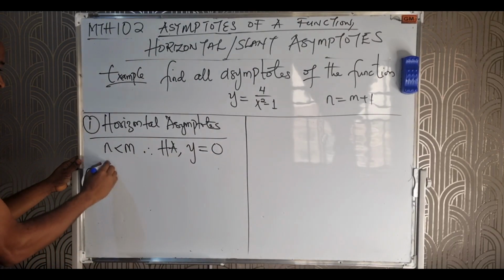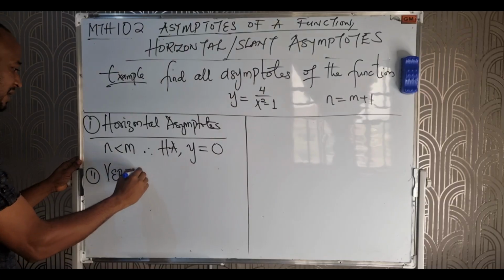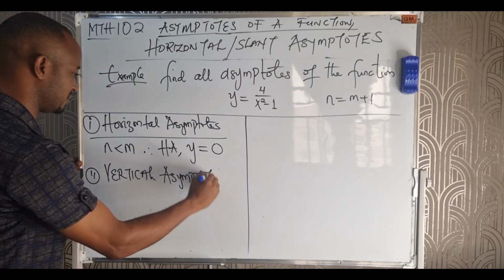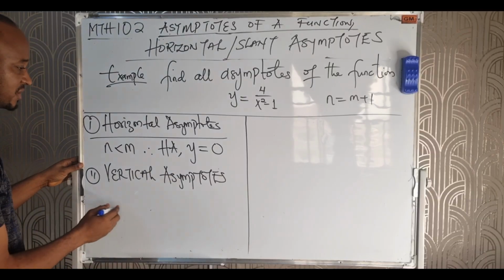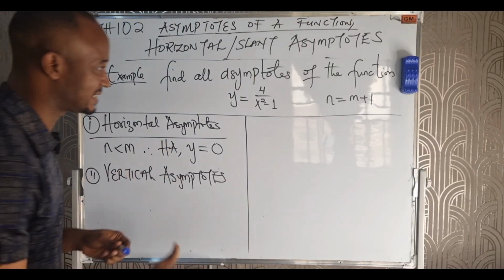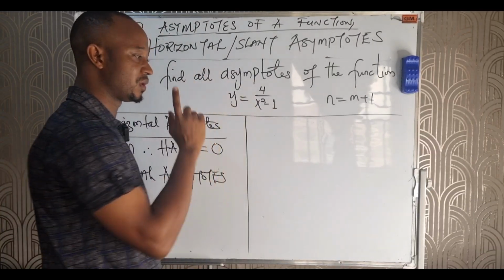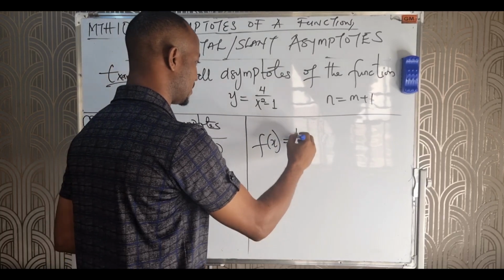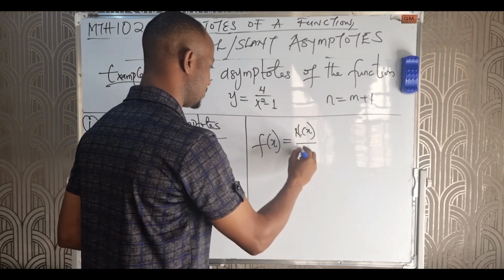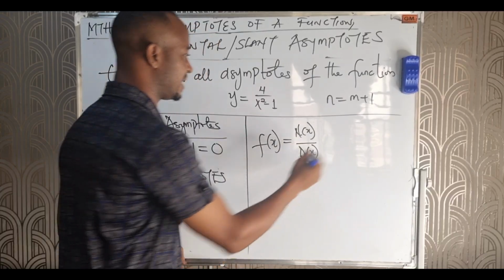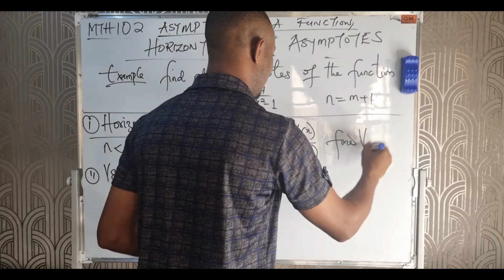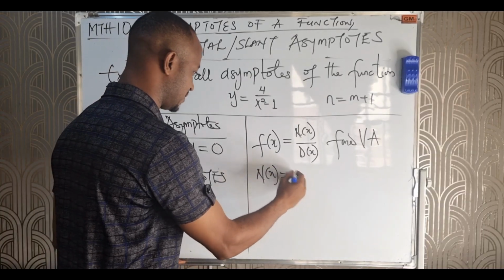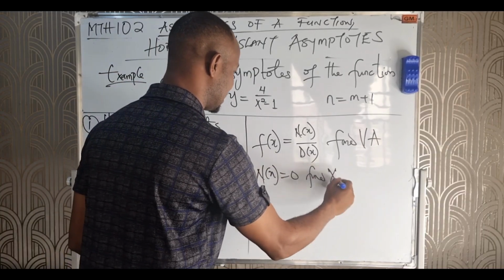Number 2, let's look at vertical asymptotes. In my first class, if you have not watched the video on vertical asymptotes, please go and watch it. For vertical asymptotes, we set our denominator equal to 0. If we are given a function f of x equals n of x over d of x, to find vertical asymptotes we set n of x equals 0 and find Sn.